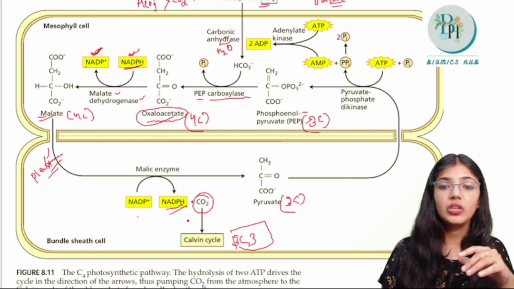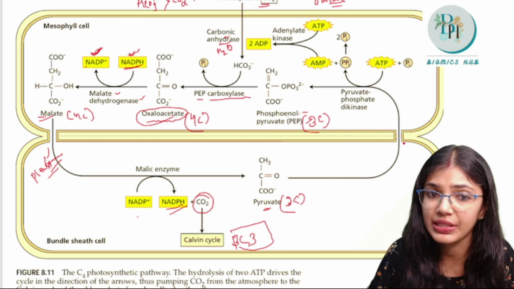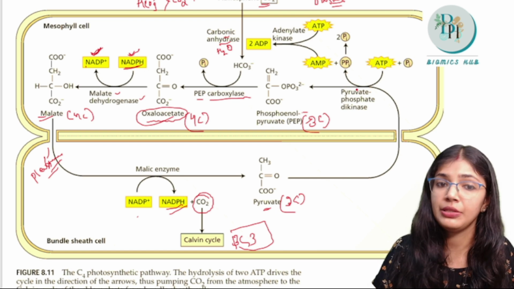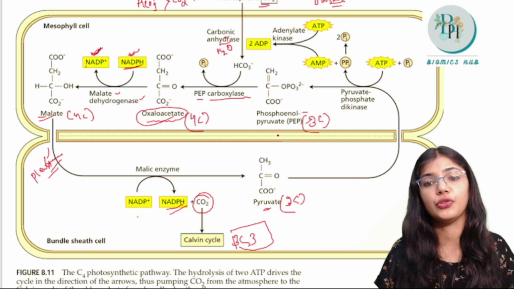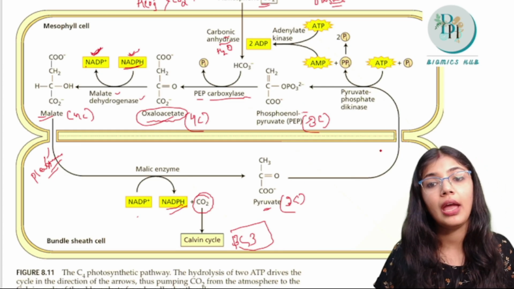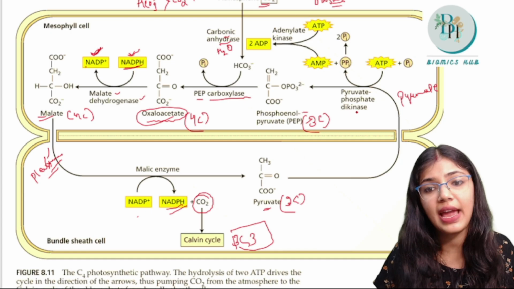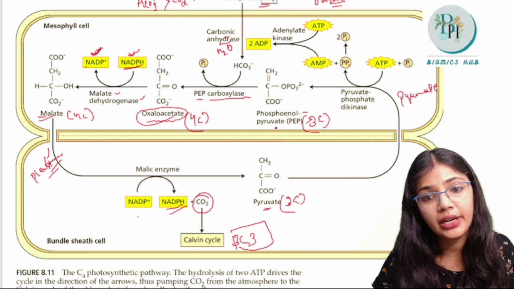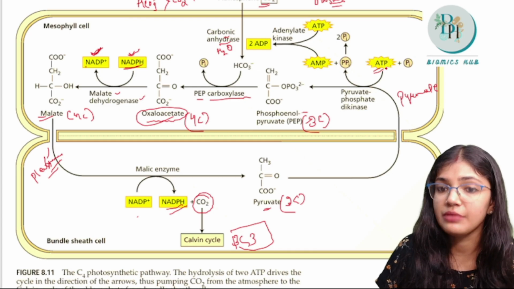Now here there is formation of pyruvate. This pyruvate is again transferred into the mesophyll cell for recycling of this 3 carbon compound, which is phosphoenol pyruvate. Here the pyruvate is present, and in presence of pyruvate phosphate dikinase, it is being converted into phosphoenol pyruvate, and during this process ATP is being utilized.